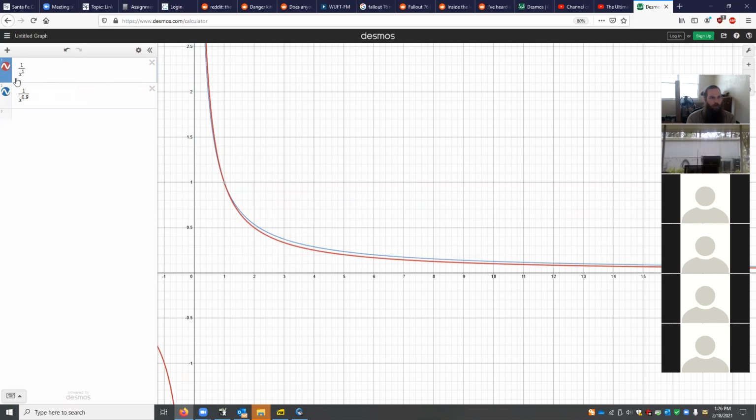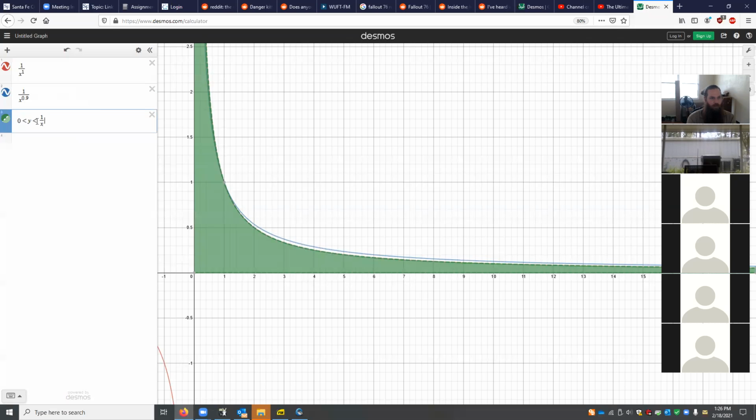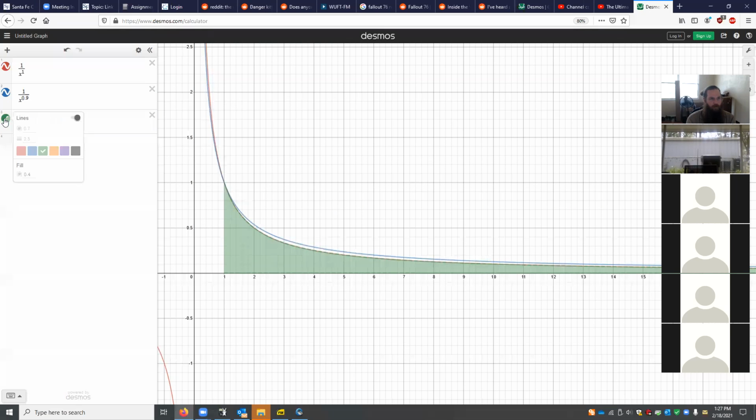And you know that the area under the red, the area here, I'll change it to be red, you know that the red area here is infinite. So if the blue is bigger than the red, then the area under the blue is bigger than the area under the red.